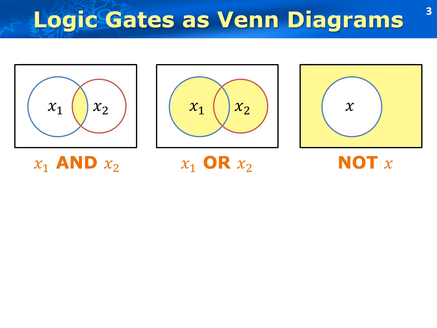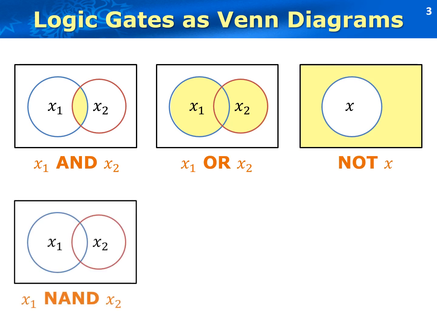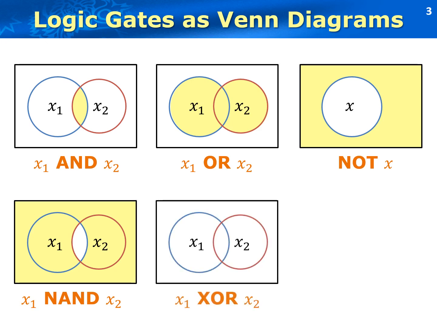A NAND gate is a NOT AND gate, whose output is 0 only if all the inputs are ones. The output of the NAND gate is complement to that of the AND gate. Thus, the Venn diagram of the NAND gate is the complement of the intersection of x1 and x2 in the universe set. An XOR gate implements an exclusive OR.